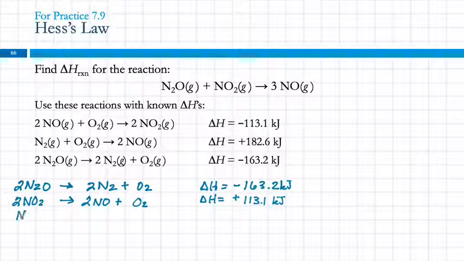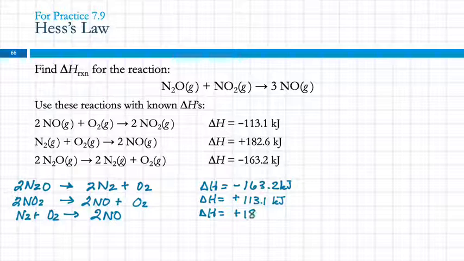So N2 plus O2 making 2NO. I didn't do anything. I just copied it down, so its delta H is unchanged. And so that's plus 182.6. You didn't have to put the plus sign, but we're just kind of emphasizing, yes, I considered the sign, I decided it was positive.